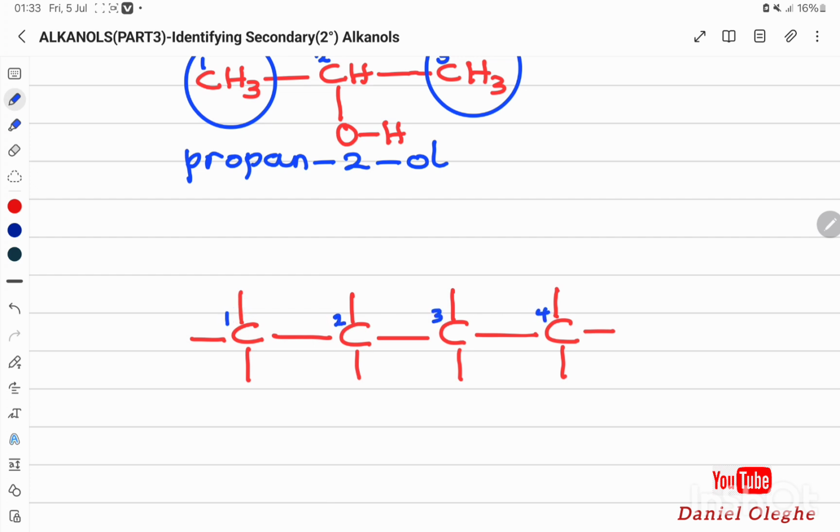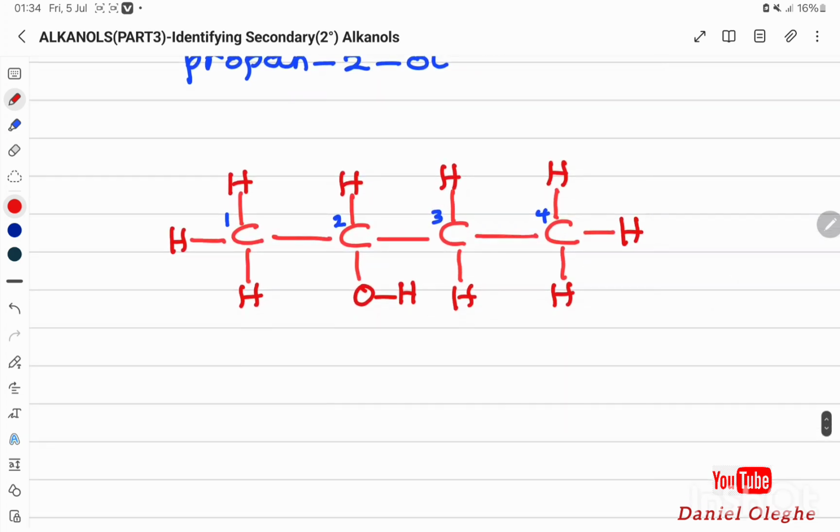Carbon 1 and carbon 4 are terminal carbons, while carbon 2 and 3 are non-terminal carbon atoms. So if you have the hydroxy group attached to either carbon 2 or carbon 3, let me put it on carbon 2. If you have the hydroxy group on that carbon 2, and to complete the structure, you fill in the hydrogen atoms as follows to have a complete structure.